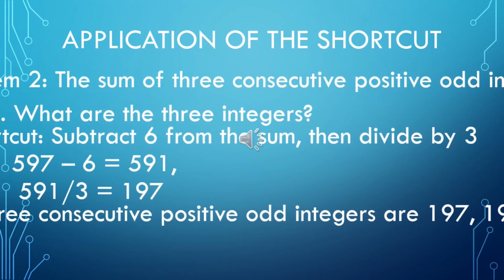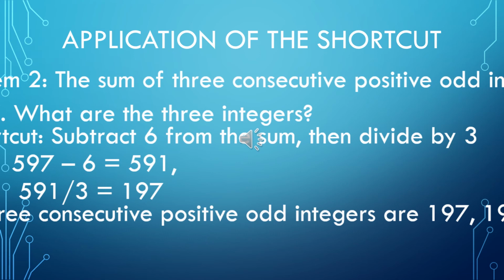Now applying the shortcut for our second problem, we're given the sum of 597, the sum of three consecutive positive odd integers, and we need to find the three integers. So step 1 is to subtract 6 from the sum. So we have 597 minus 6, and that's equal to 591.